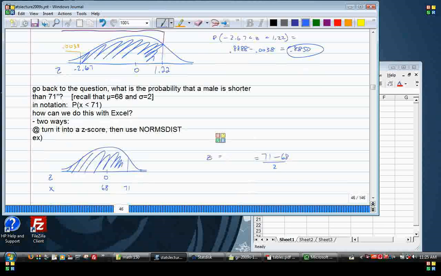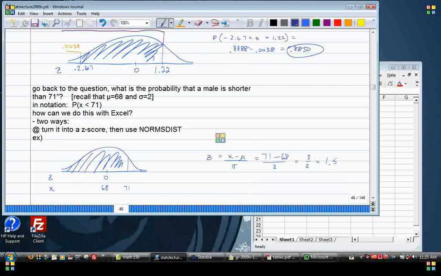How does the formula go? Right. Data value minus the mean over the standard deviation. And this works out to 3 over 2, which is 1.5.